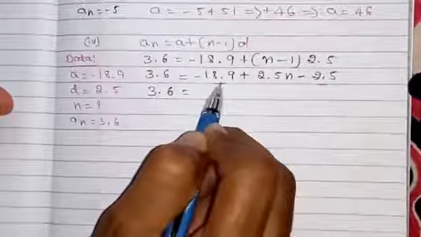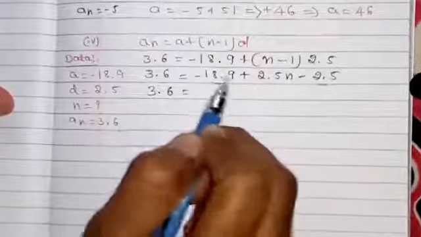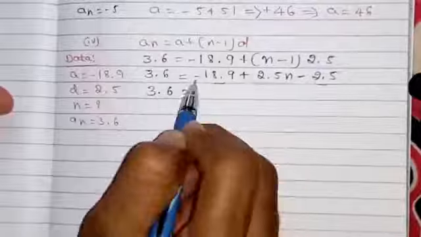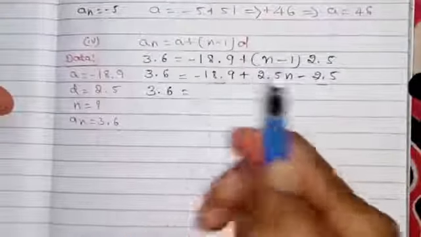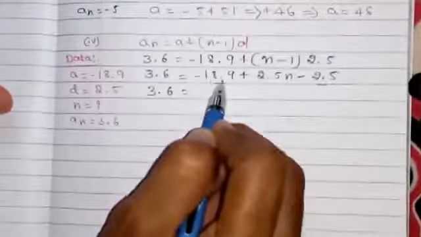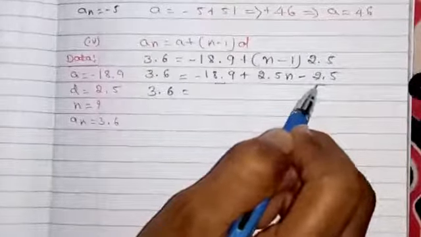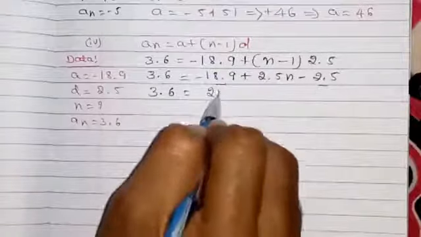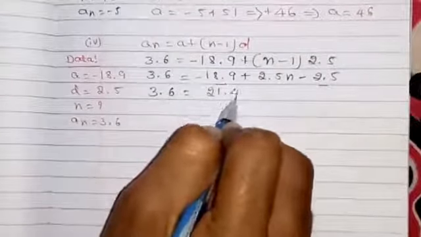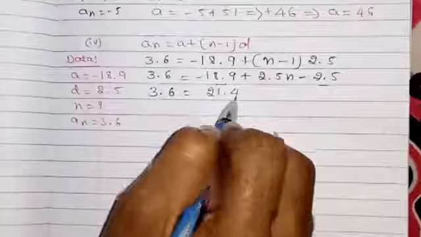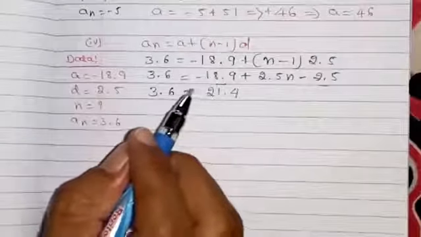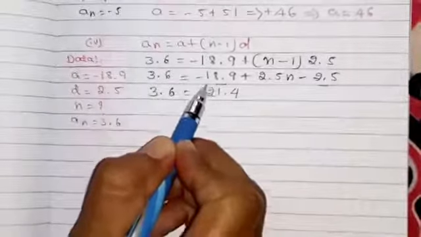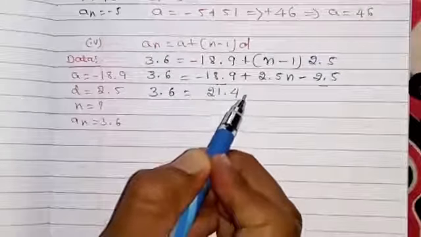Okay, now whatever symbol says, that you need to do. Here minus is there, here minus is there, you need to add. So minus into minus will be plus, so therefore you need to add. Now 18.9 plus 2.5 is equals to 21.4, right children? Here you need to observe one thing, that you need to write down the sign of the biggest number, right?